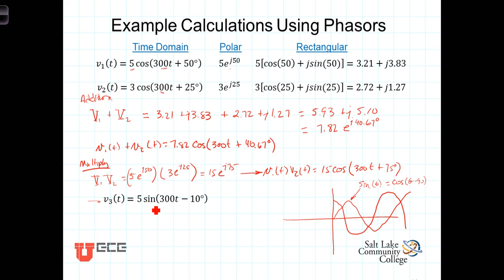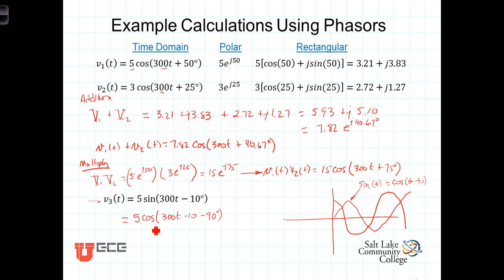So to transform this into a cosine term, we can say that V3 of t is equal to 5 times the cosine of 300t minus 10 minus 90 degrees. We take the original sine term, delay it by 90 degrees, and that gives us the cosine term.